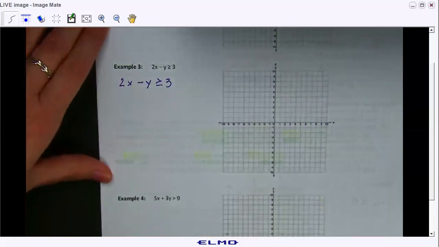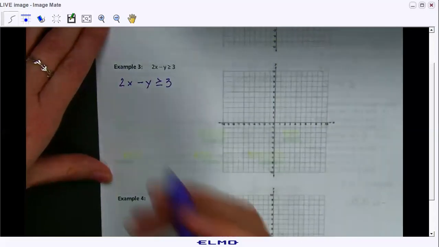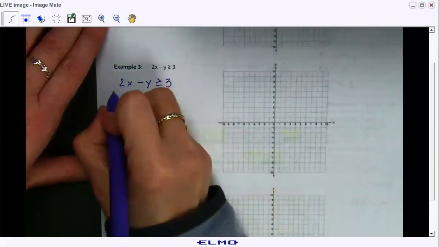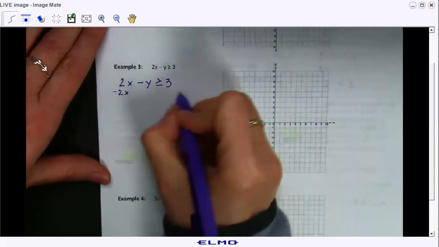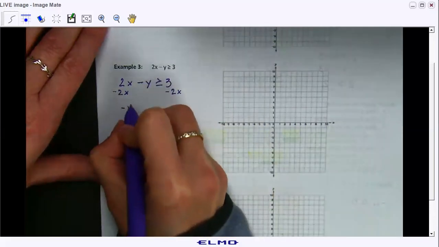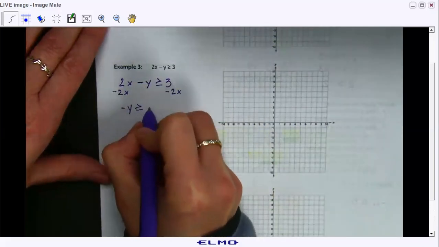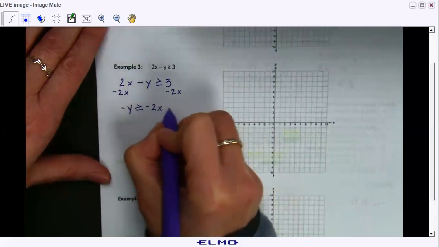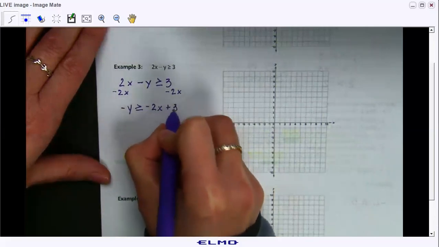All right, if I want to put this in slope-intercept form, y equals mx plus b, what is the first thing I need to do? Move the x. Yep, we're going to subtract 2x from both sides. And we're left with -y is greater than or equal to -2x plus 3.